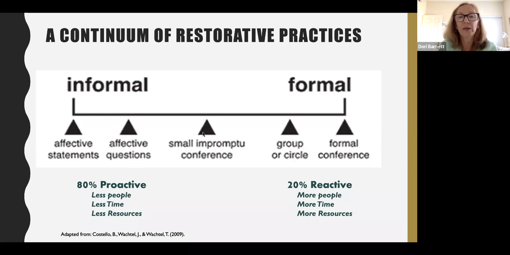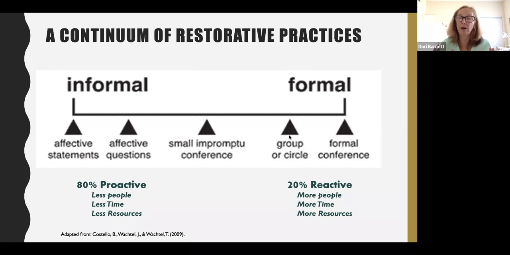And then a little farther along the continuum, in the middle, is something called a small impromptu conference or a restorative dialogue, where we build upon our effective statements and restorative questions to manage conflict informally. And then more formal practices require more planning, time and resources.